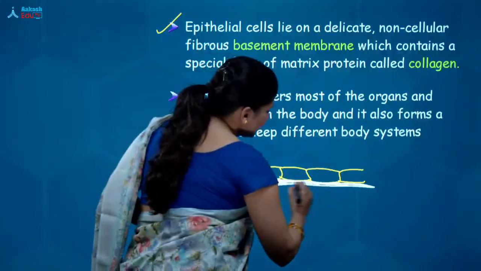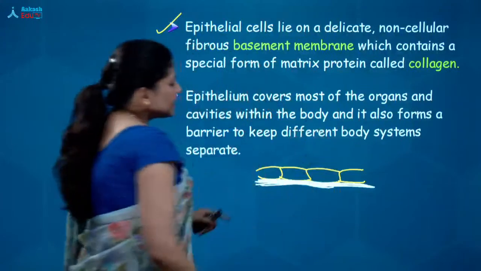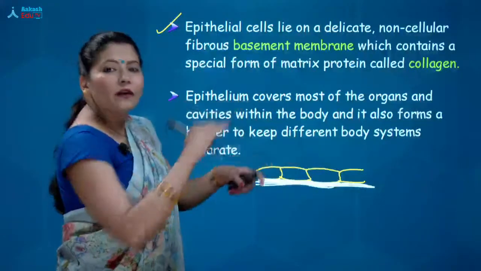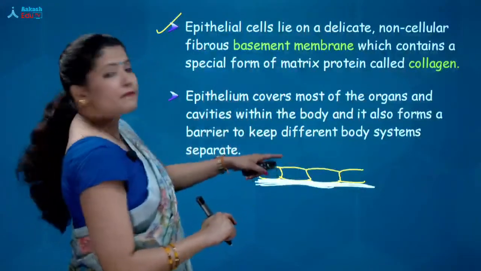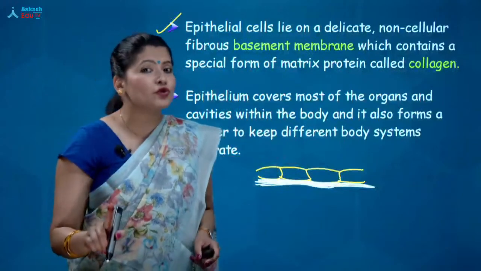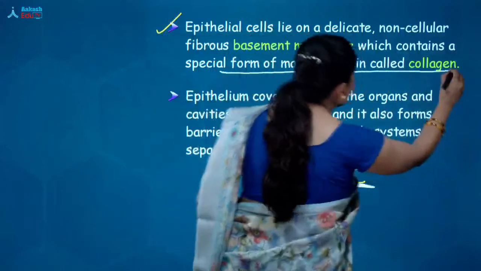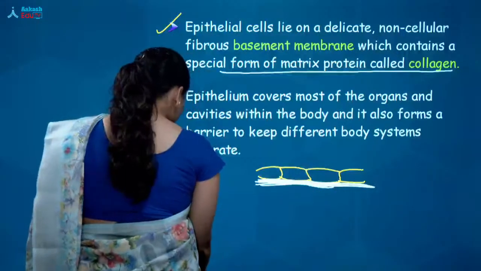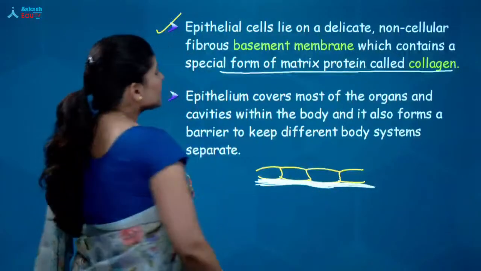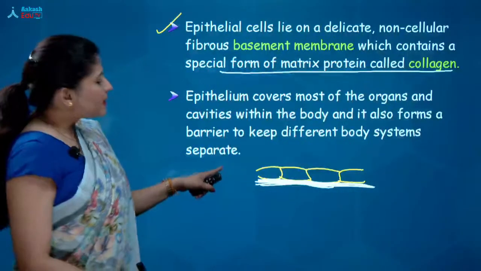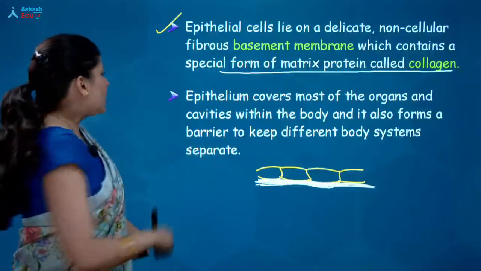It is basement membrane. So the cells of epithelial tissue lie on a basement membrane, and this basement membrane is made up of collagen protein. Always remember, most abundant protein है human body की, that is the collagen. Okay. So this basement membrane is made up of collagen protein.